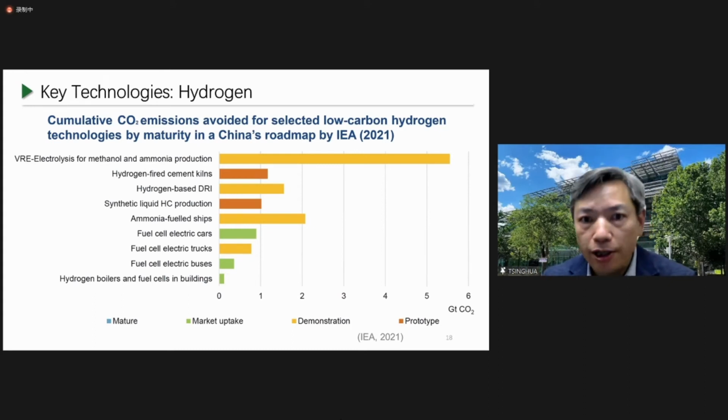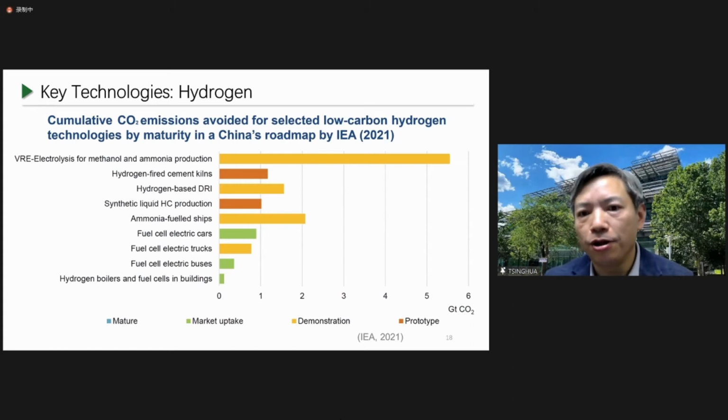The hydrogen boilers and the fuel cells for residential use and the fuel cell electric vehicle are commercially available, although they face strong competition with more efficient technologies such as heat pumps.